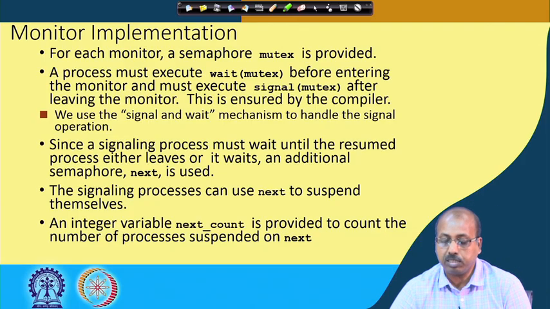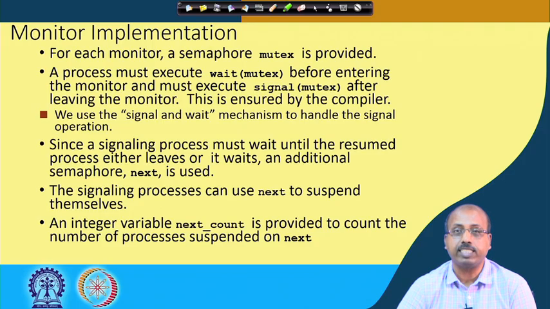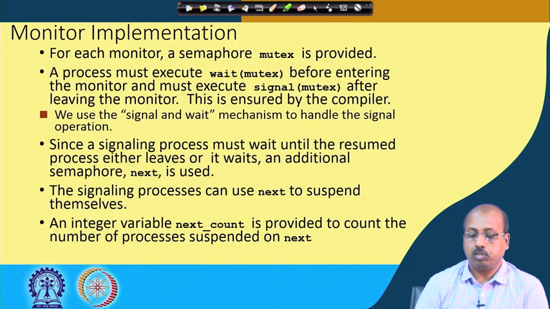Since a signaling process must wait until the resumed process either leaves or waits, an additional semaphore next will be used. So, the signaling process has to wait, and for that it has to wait on a semaphore. Naturally we have to use another semaphore next, and the signaling process can use next to suspend itself.